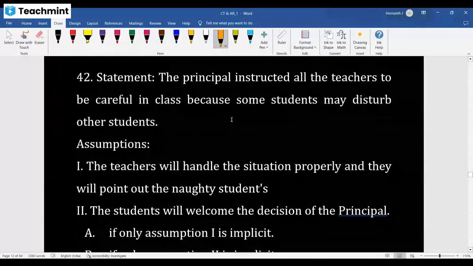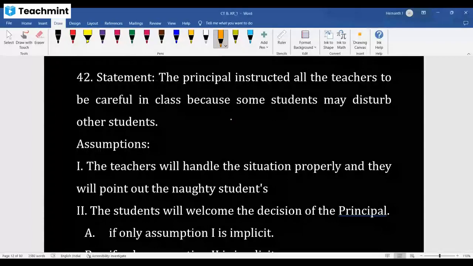Check it out. Some people are saying only one, some people are saying both. Excellent. Both. Positive response. Positive response.